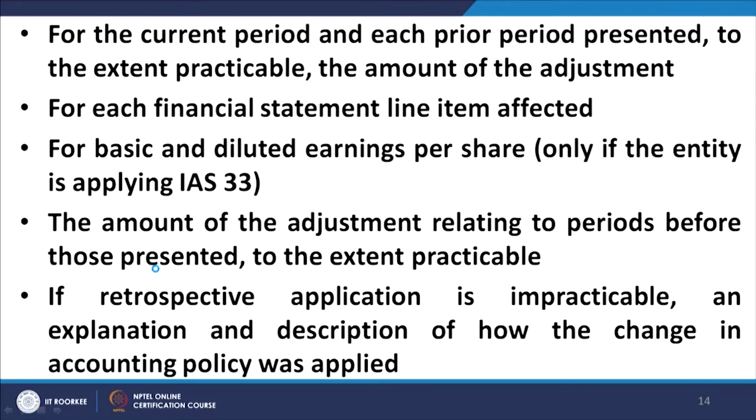So, for the current period and each prior period presented, to the extent practicable, the amount of the adjustment for each financial statement line item affected. So, if there is a change in accounting policy, this additional quantitative information needs to be given in respect of the current period, that is the period to which the financial statements relate, and the period which is also disclosed in the financial statements, usually the immediately preceding period.